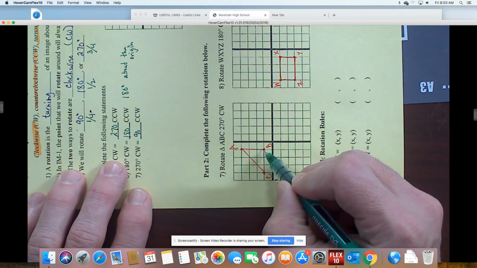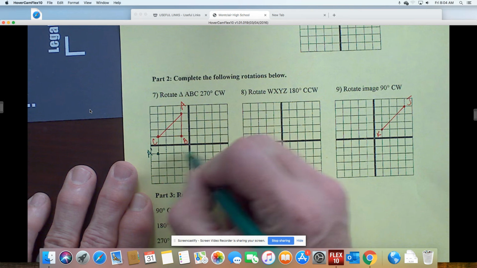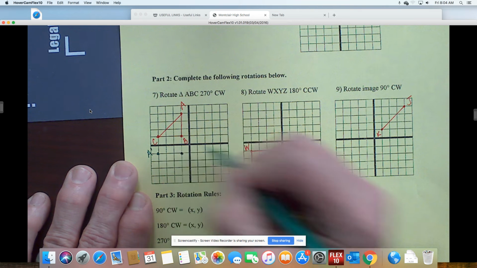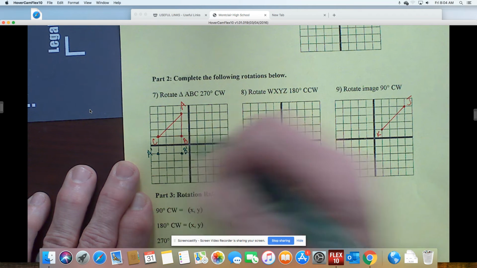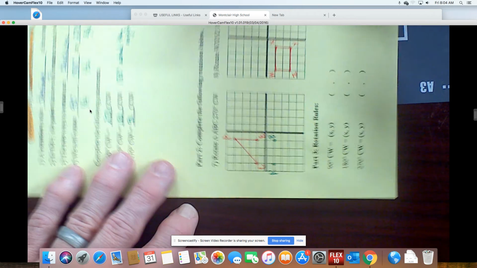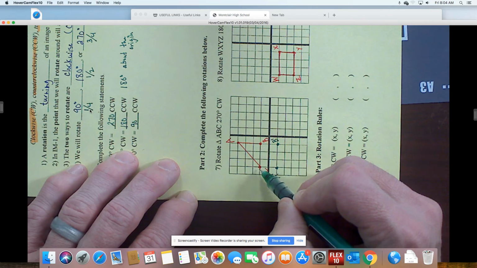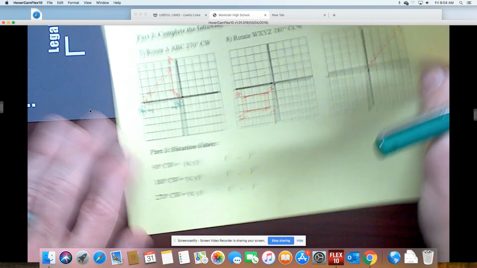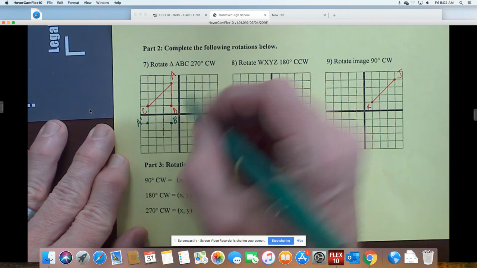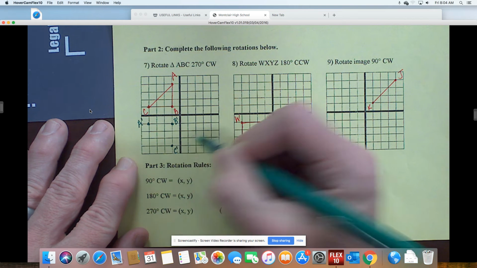B prime is -1, -1. So I scroll back here, and I find -1, -1, B prime. And then again, 270 clockwise is the same as 90 counterclockwise, so I move my shape, and I find the coordinates of C, -1, -4. I go back to my original, the correct coordinate plane, -1, -4, and that is C prime.